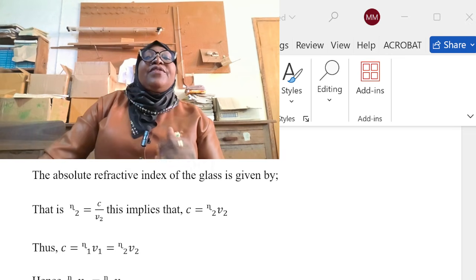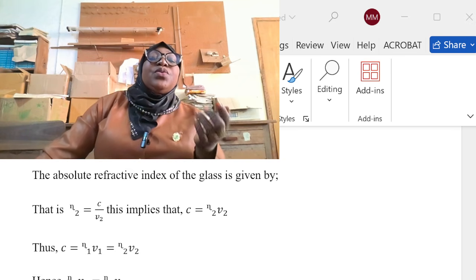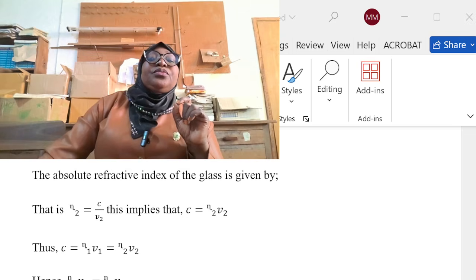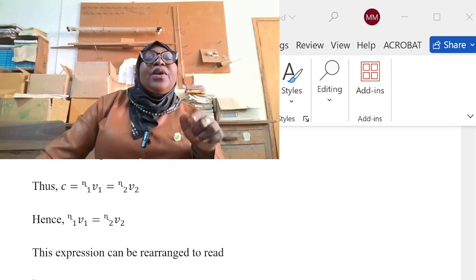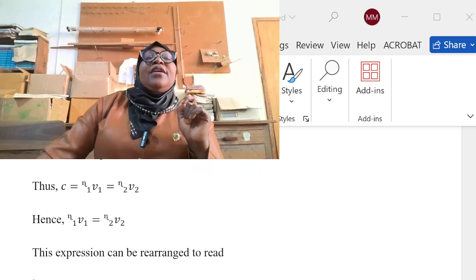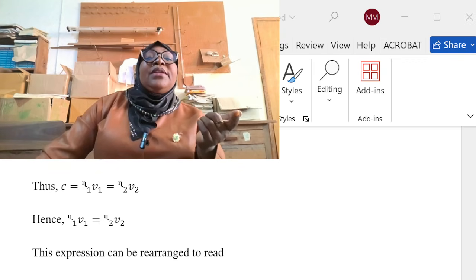Since both are the speed of light, we can equate the two equations, equation 1 and equation 2. This gives us n1 V1 is equal to n2 V2.